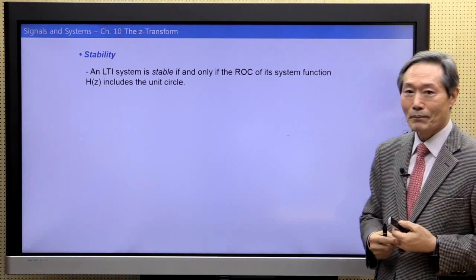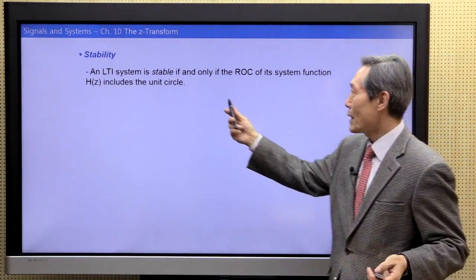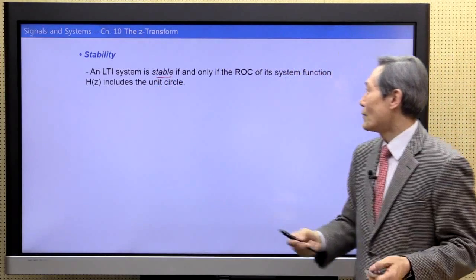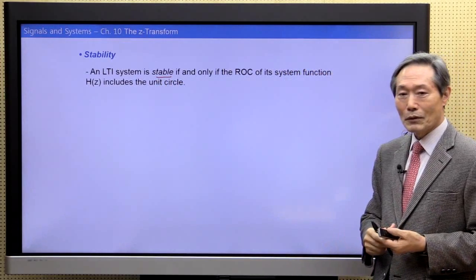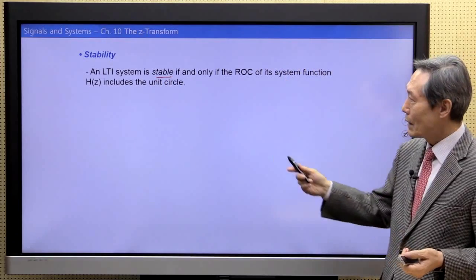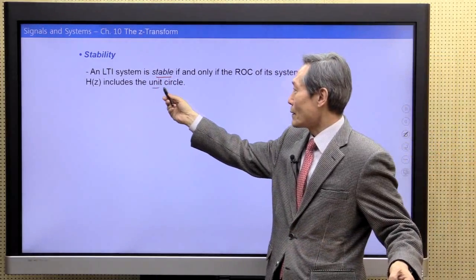Now, stability. An LTI system is stable if and only if the region of convergence of the system includes the unit circle.